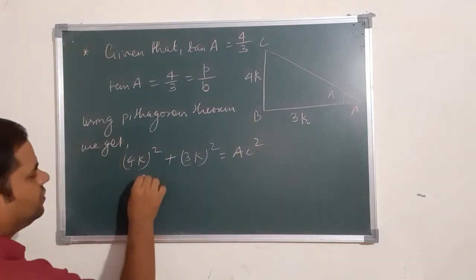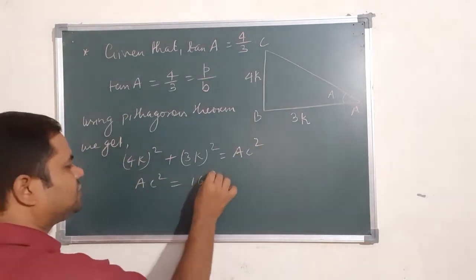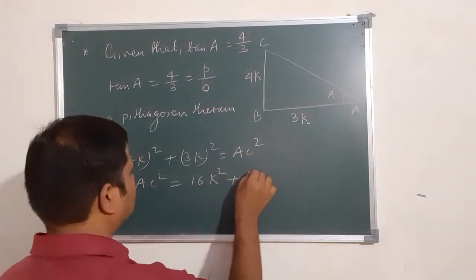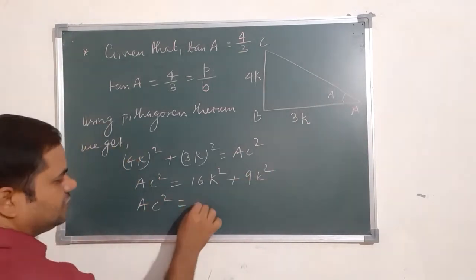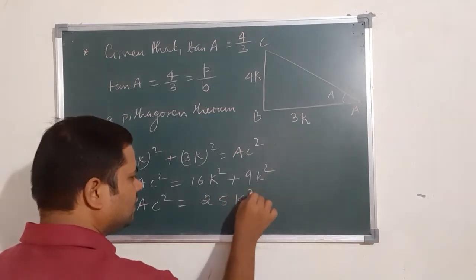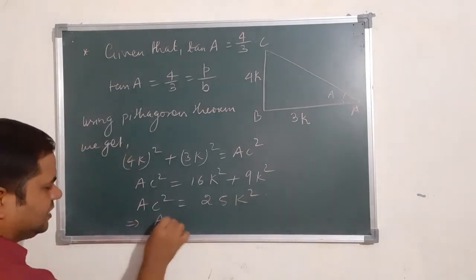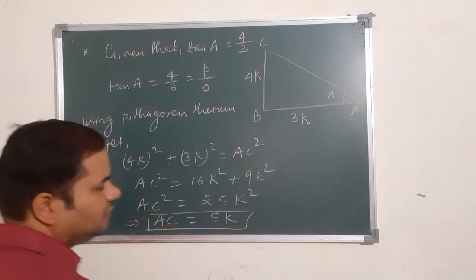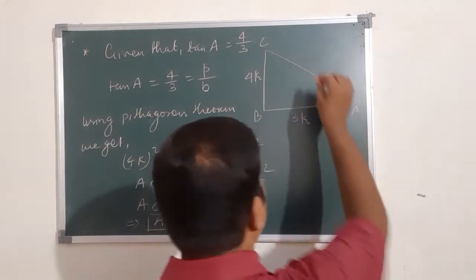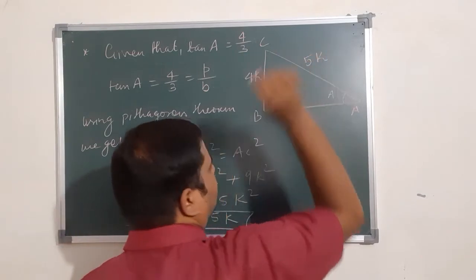So AC square is nothing but 16k square plus 9k square, which is 25k square. So we can write AC is plus minus 5k, but we write here 5k. So this hypotenuse becomes 5k.